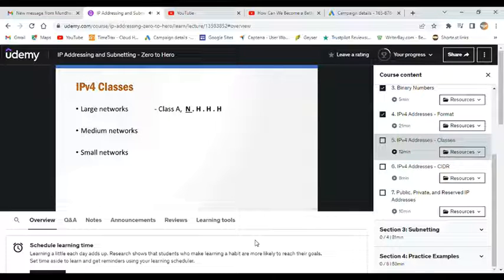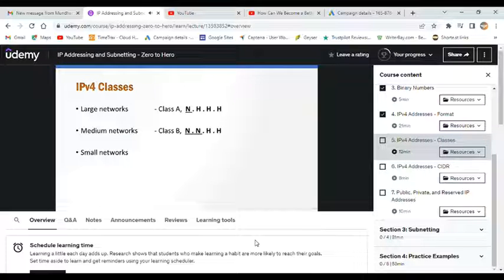One Class A network has 2 to the power of 24 different host addresses, or different combinations for the host portion of the address. 2 to the power of 24 is somewhere around 16 million addresses. Now, hopefully you'll agree with me that there's probably not many networks in the world that actually need that many public addresses. The next class is Class B, which is somewhere between Class A and Class C.